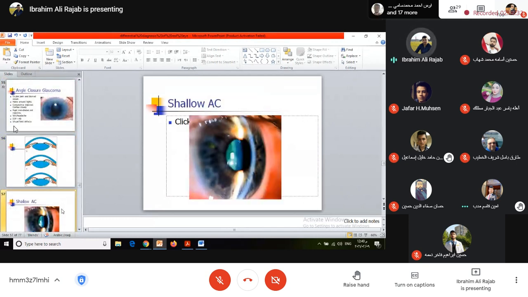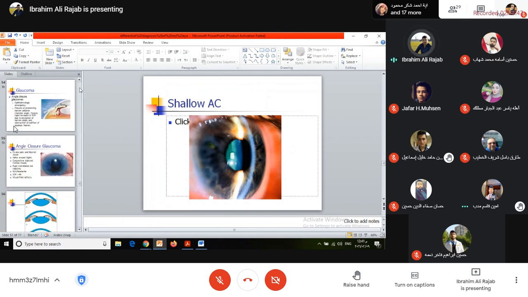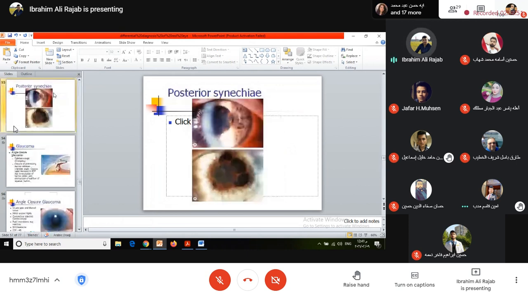Fourth, when we examine the intraocular pressure, in acute angle closure glaucoma it is severely elevated. It is always elevated, above 40. But in acute anterior uveitis, the intraocular pressure is low due to ciliary body shutdown.